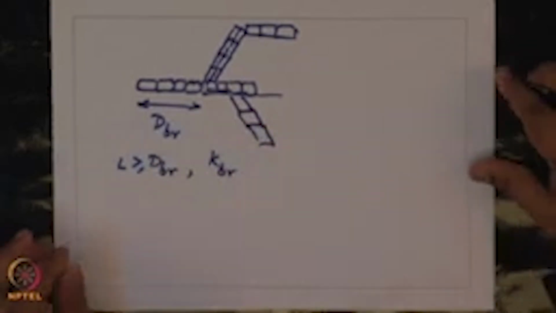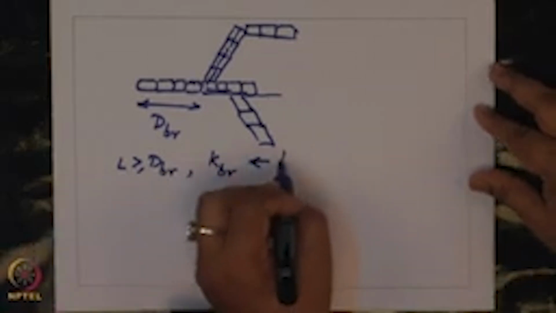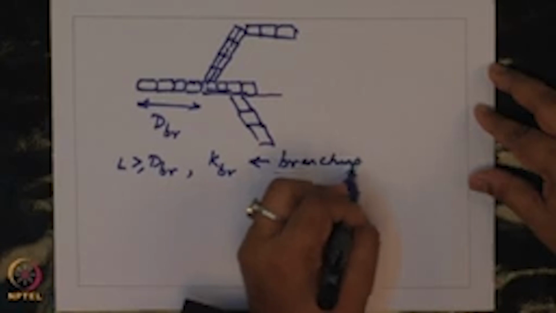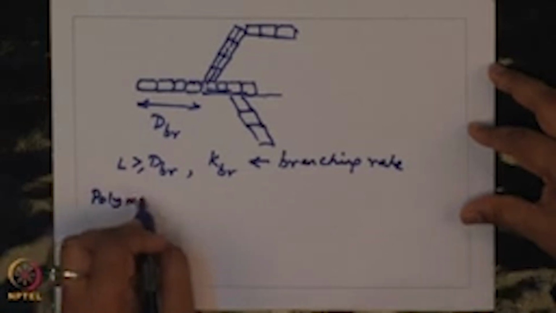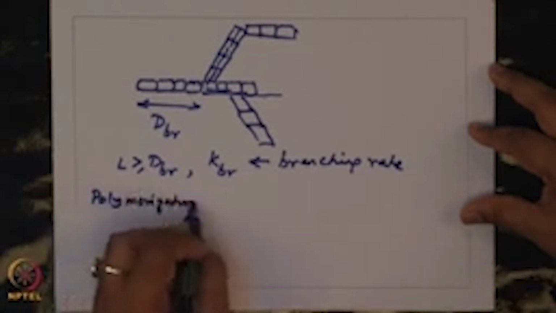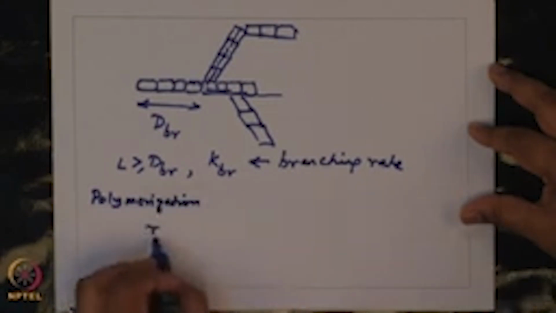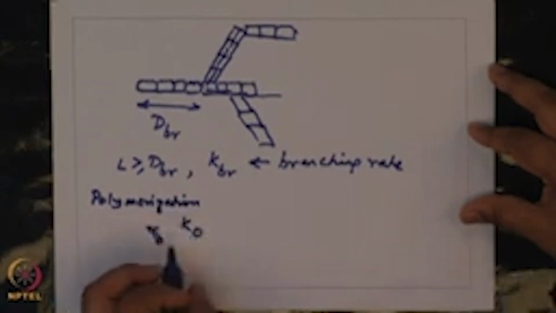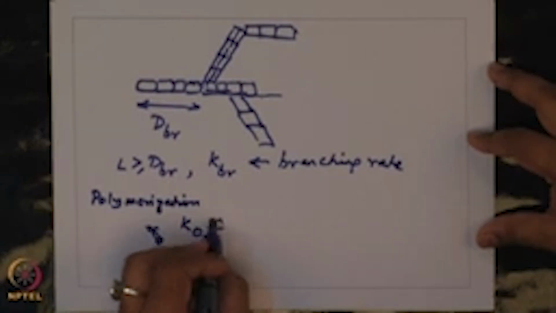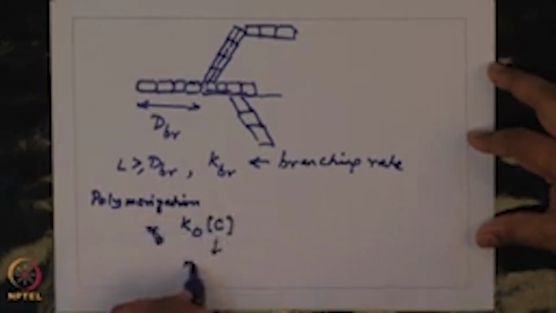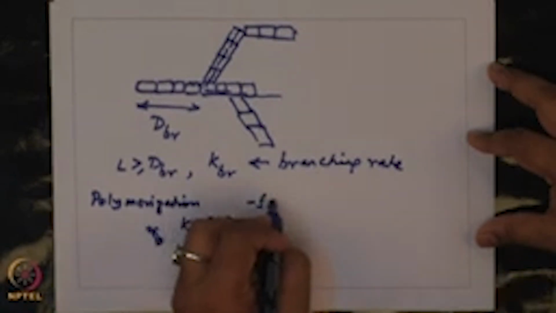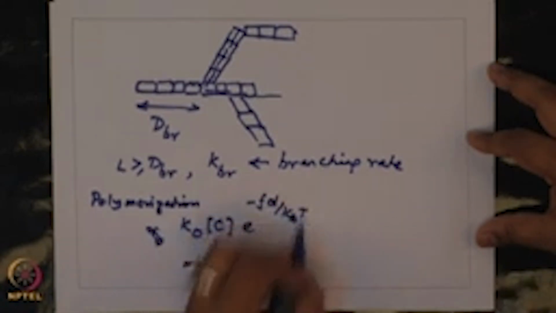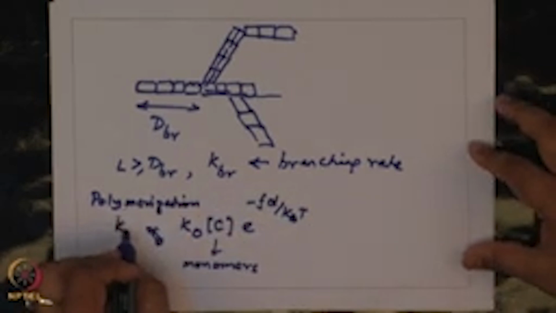Okay. So, you have a branching rate of kBr, which is the branching rate. So, the polymerization rate can be given by R on. Okay. So, if K0 is the intrinsic polymerization rate, you have a concentration C of the monomers and exponential of minus f d by kBT, this is the K on.